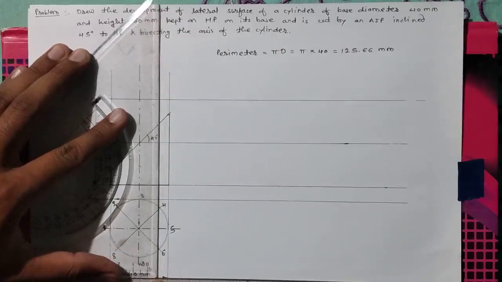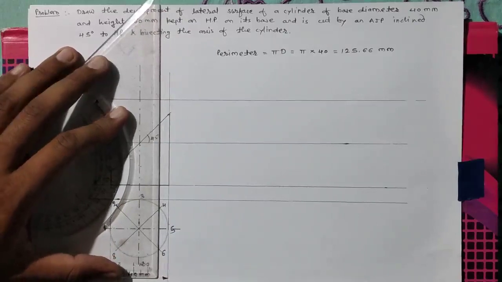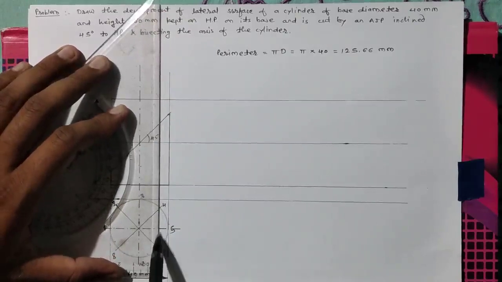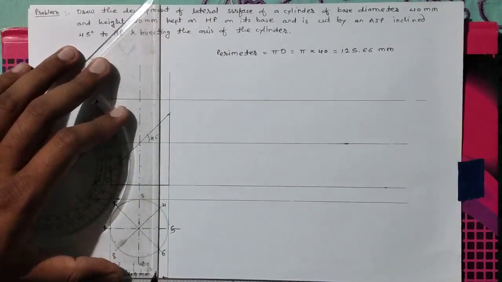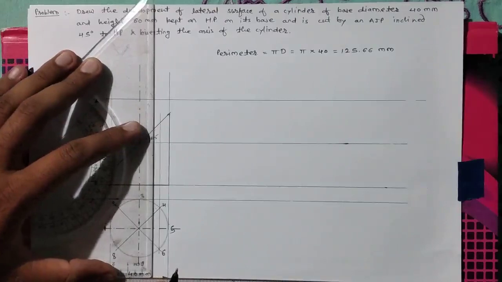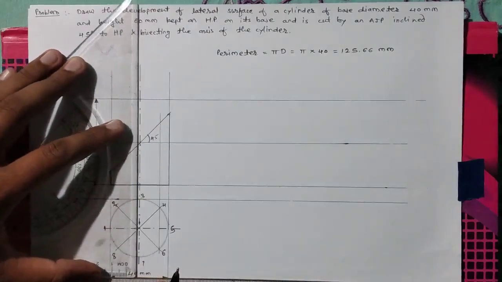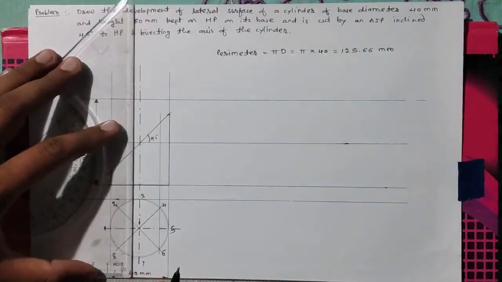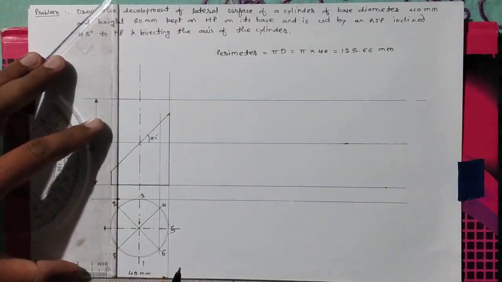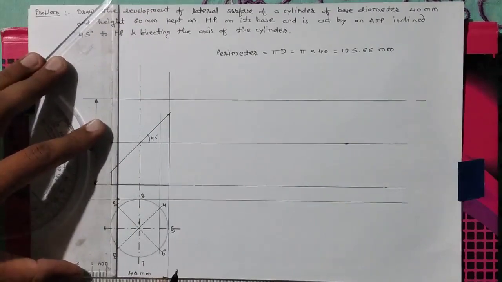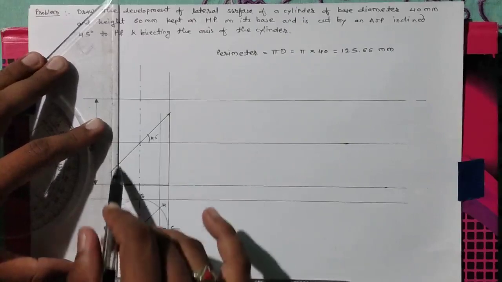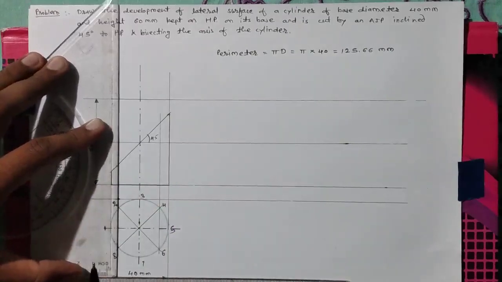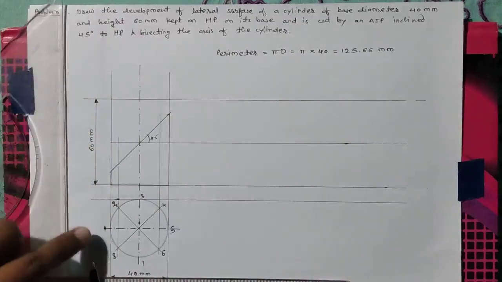Now we will take the projection of points 4 and 6. Only a single line passes through these two points 4 and 6. Points 3 and 7 are already taken. Now we are going to take the projections of points 2 and 8. Here also a single line passes through both points 2 and 8. We have already taken point 1.